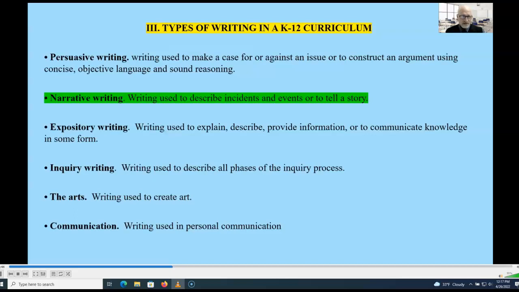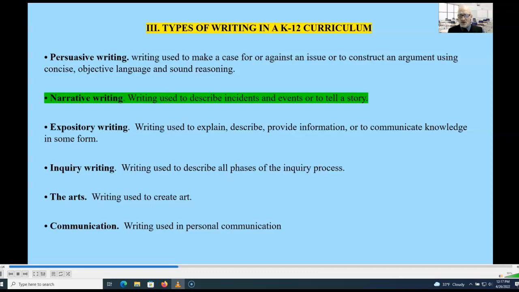So there are 6 types of writing that should be in a K-12 writing curriculum. Traditionally, we only focus on the first 3, but that's 3 short. Persuasive writing, used to make an argument or a case for something. Narrative writing, we're looking at that today. I'll define it in a minute. Expository writing, used to explain, describe, provide information, communicate knowledge.